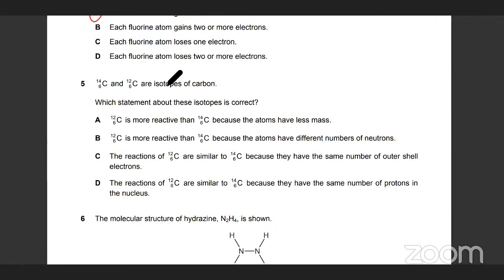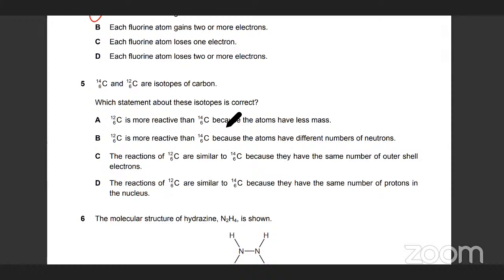So then there are two isotopes of carbon. Isotopes are substances which have the same proton numbers, same electron numbers, but they have different number of neutrons. So unki atomic mass jo hoti hai, that's different. So which statement about these isotopes is going to be correct? Is one of them more reactive than the other one, or do they have exactly the same chemical properties?